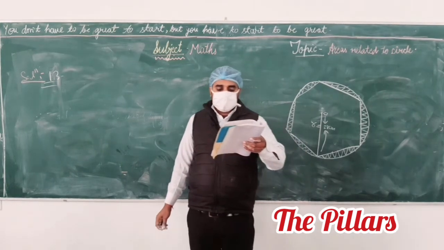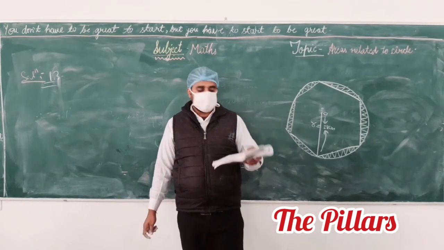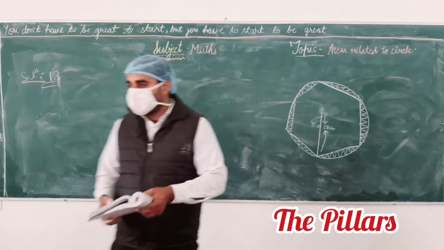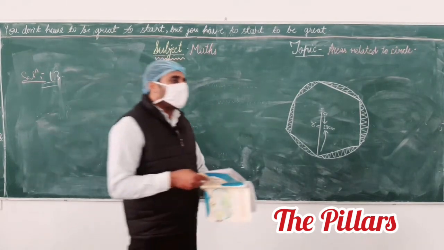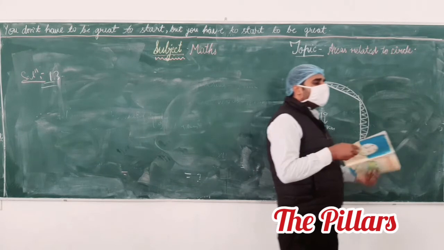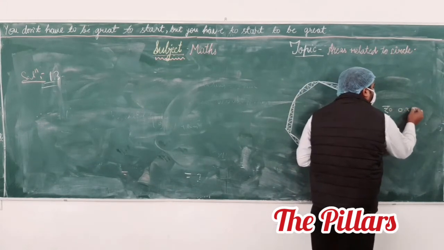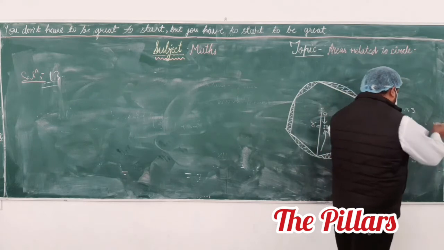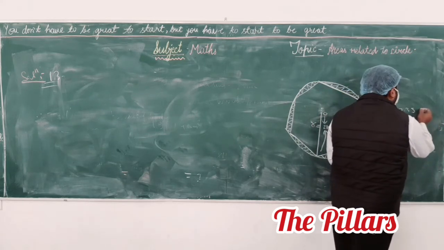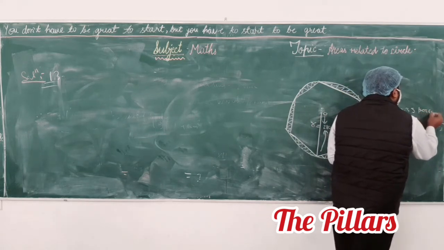Find the cost of making the designs at the rate of rupees 0.35 per centimeter square. The question asks about the cost of the designs.